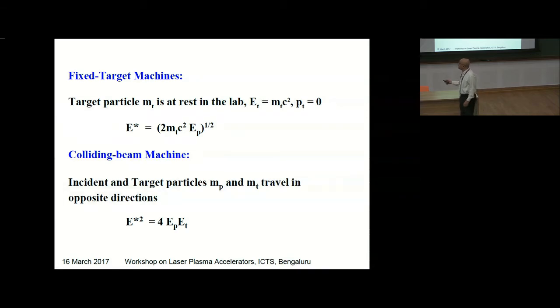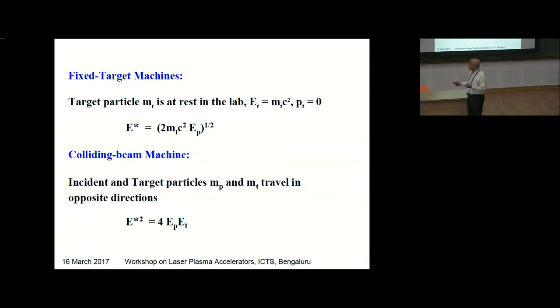But the energy in the center of mass for doing the physics, especially for high energy physics, when you need to increase the energy available in the system, as the particle becomes relativistic, the increase does not go up linearly with the particle energy. The energy available in the center of mass goes as the square root of the projectile energy.